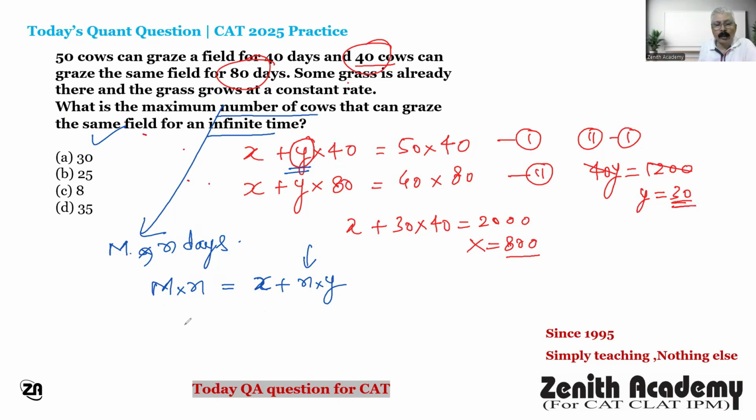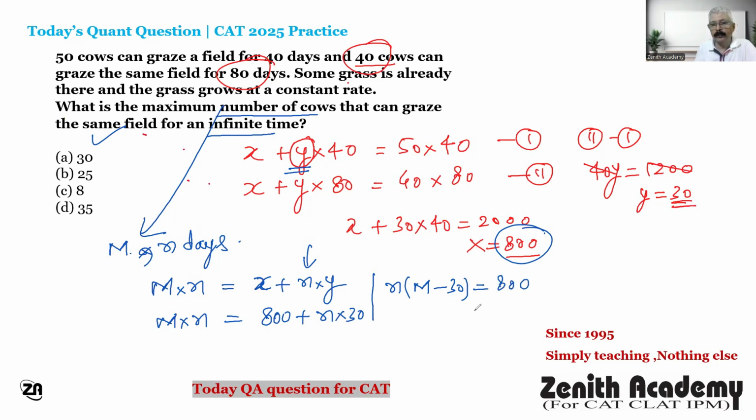So look here, m into n equals x plus n into y, where x is 800 and y is 30. So here n times m minus 30 is equal to 800, right?